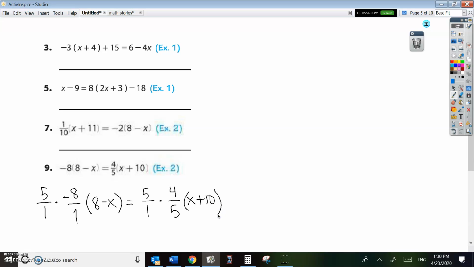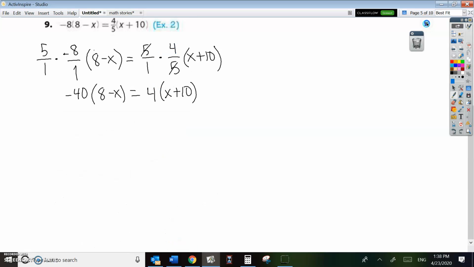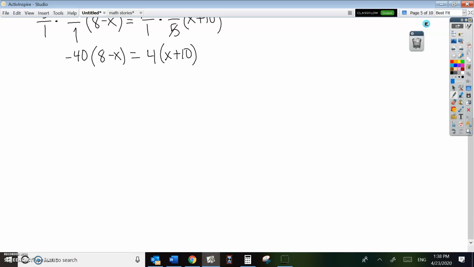Okay, now 5 times negative 8 is negative 40. And then we're going to put the parentheses back in. 8 minus x equals, these 5's cancel and your 4 is left alone. Okay, some more room to work.